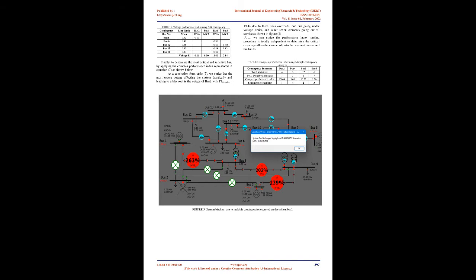It can be calculated as follows: PI_QV = Σ (w_i/2)((V_i - V_i^lim)/ΔV_i^lim)^2 (6), where V_i is the post-contingency voltage at bus I, V_i^lim is the bus voltage limit, and w_i is the weighting factor of voltage at bus I. This index ranks the contingencies that result in a large number of violated limits, bus voltages that could be over-voltage or under-voltage, in the system over those that didn't exceed the nominal bus voltage.